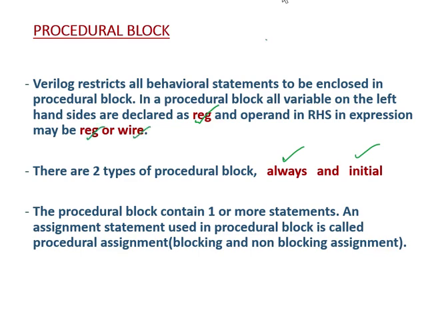For example, suppose this is an always block. Always at some sensitivity list. Then whatever I write here, let's say I wrote x equal to y plus z. So this x has to be reg, and this y variable and z variable can be reg or they can be wire type.